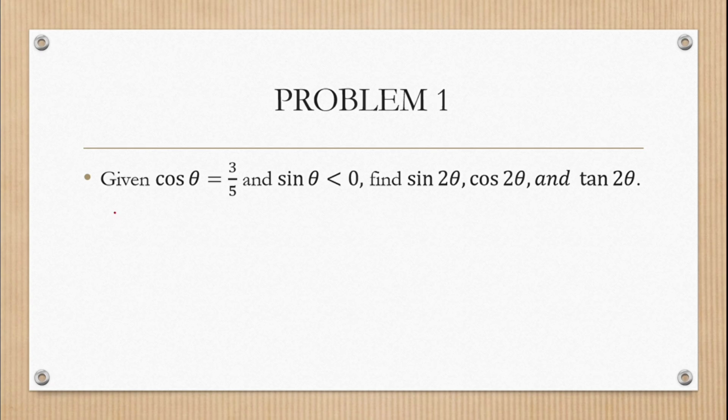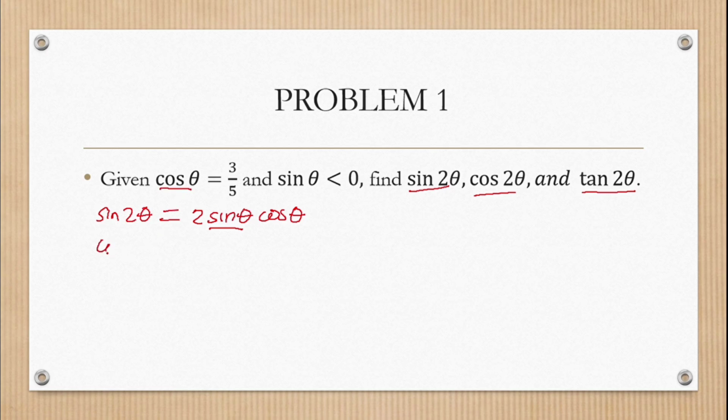So we have cosine theta equal to 3/5. In order to get sine 2 theta, cos 2 theta, and tangent 2 theta, by the way, the formula for sine 2 theta is 2 sine theta cos theta. In this case, we need to get sine theta because we already have cos theta.